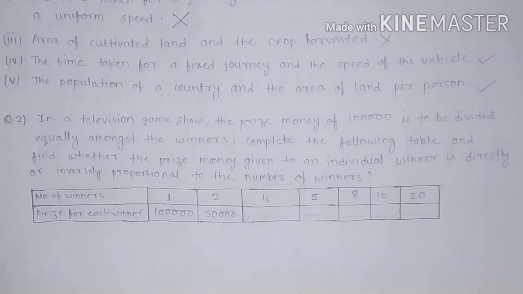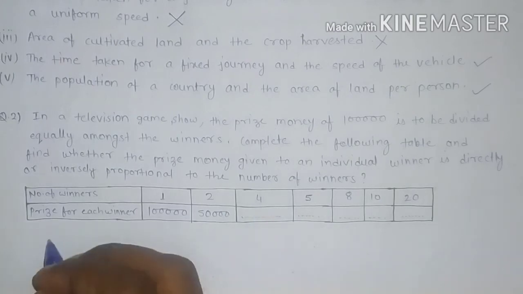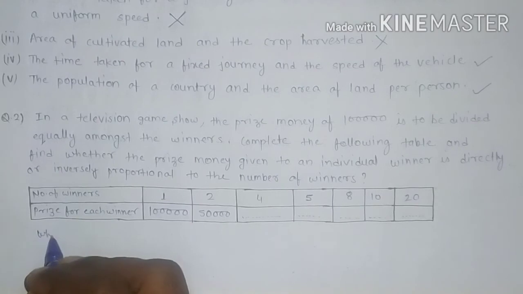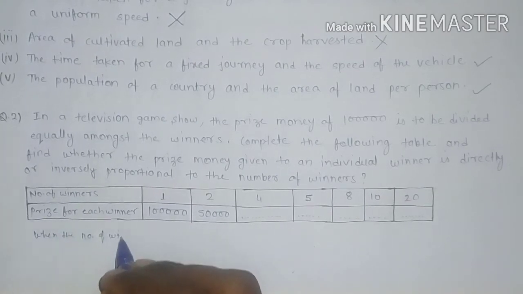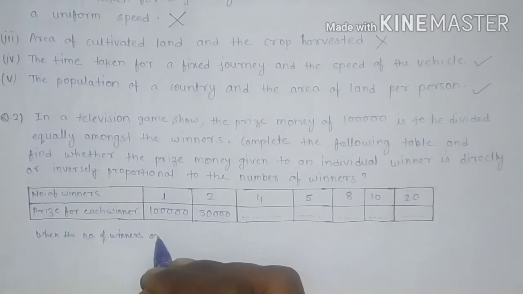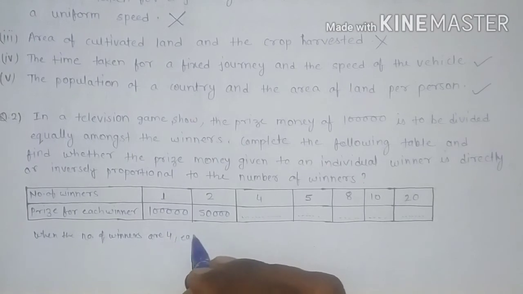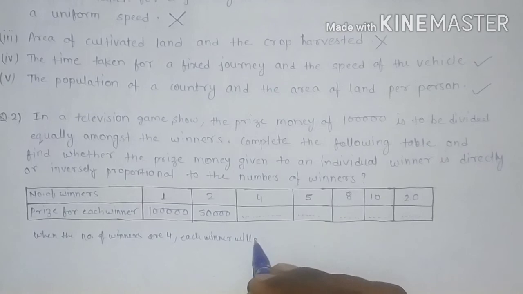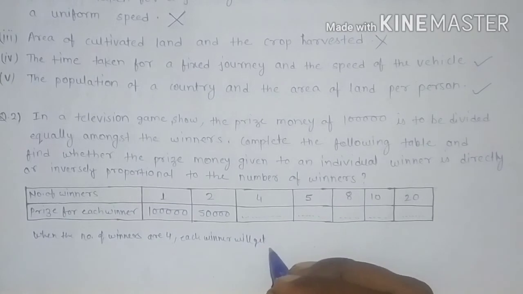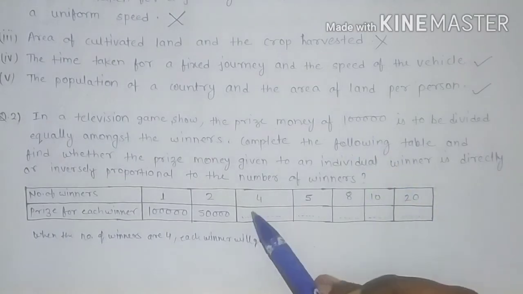so this is question number 4. Let's suppose when the number of winners is 4, each winner will get 1 lakh divided by 4.